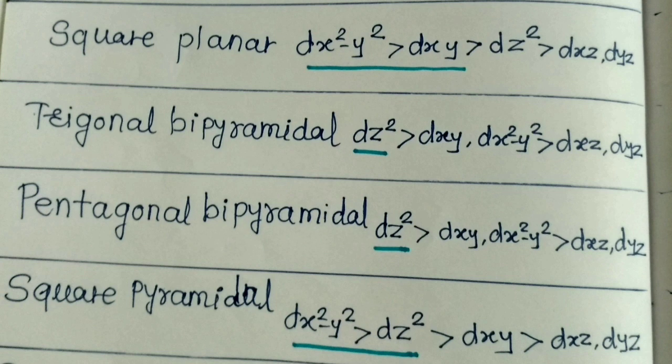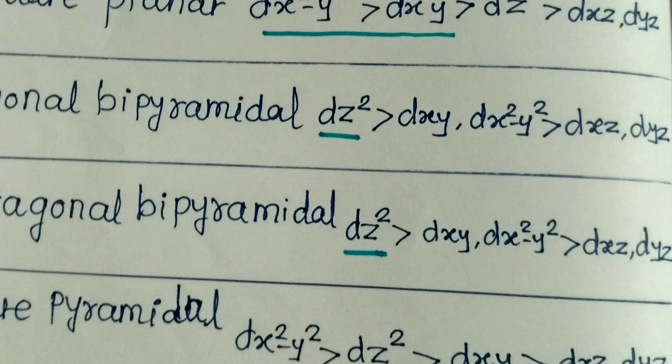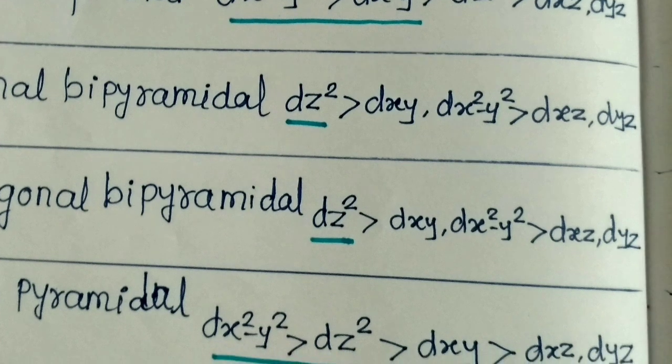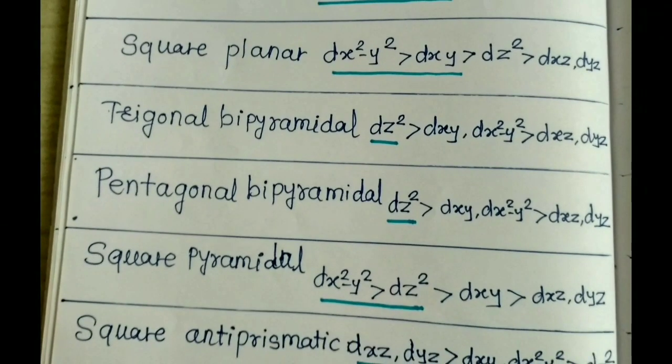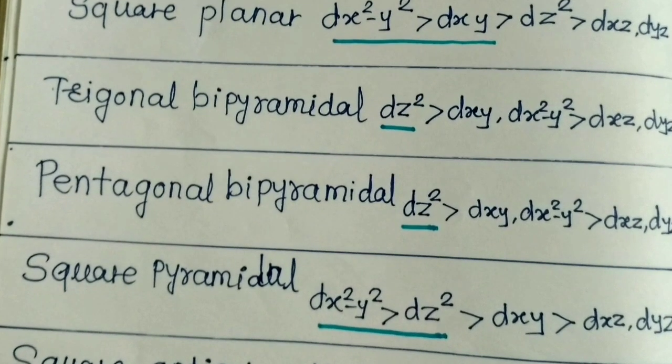Now the next geometry is pentagonal bipyramidal. TBP and PBP have the same order of energy: dz square has the highest energy, then dxy and dx square minus y square, then dxz and dyz, both at the same energy level. The splitting is the same for TBP and PBP.